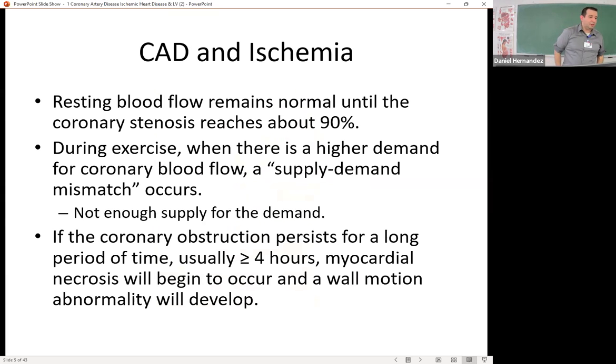So if coronary artery obstruction, so we're talking about a complete blockage now of that coronary artery, persists for a long period of time, usually greater than 4 hours, myocardial necrosis, so death of that tissue, will begin to occur, and a wall motion abnormality would develop.